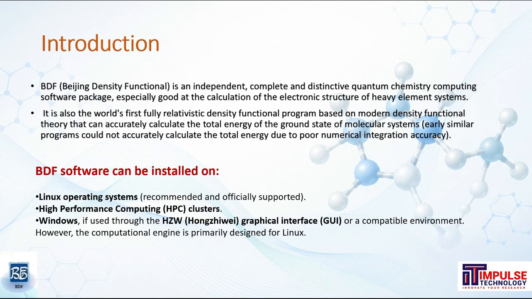It is different from other software because of this fully relativistic density functional program. Most software does not do truly relativistic calculations, but BDF is designed for heavy element calculations as well.